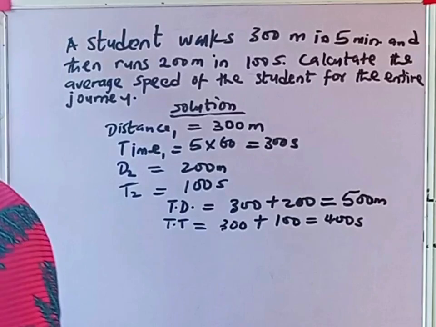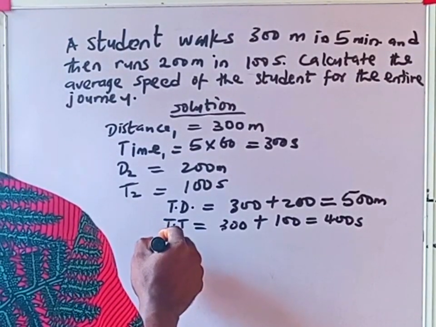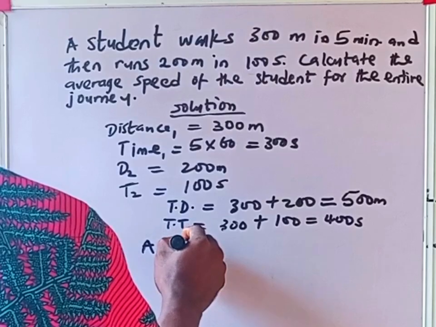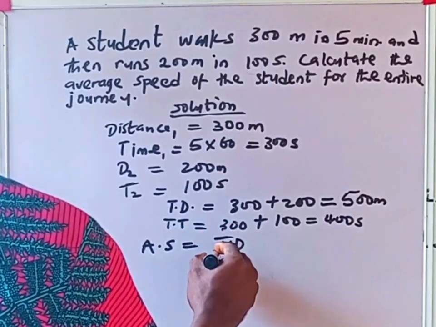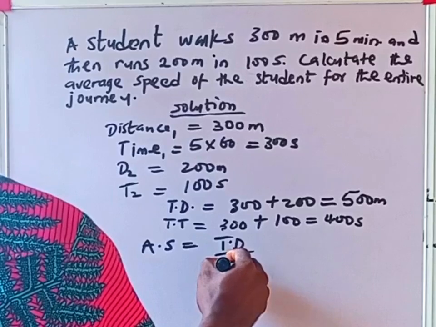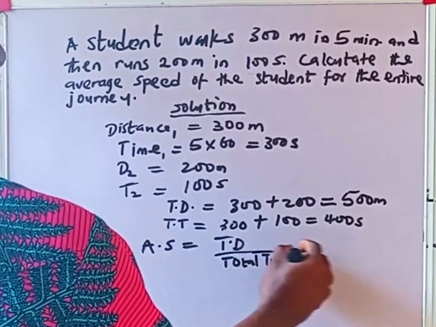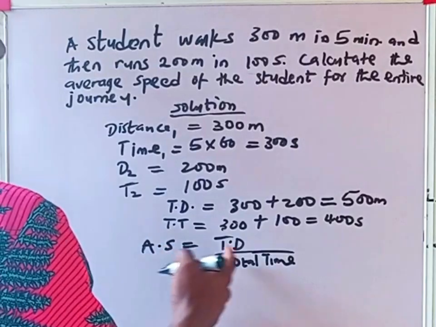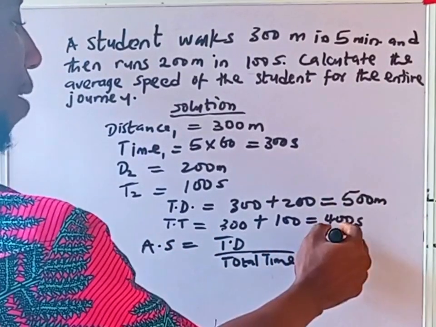All right. So what is our formula for average speed? Average speed, which is AX, is equals to total distance over what? Total time. All right. So total distance divided by total time. So what is our total distance? Is 500.